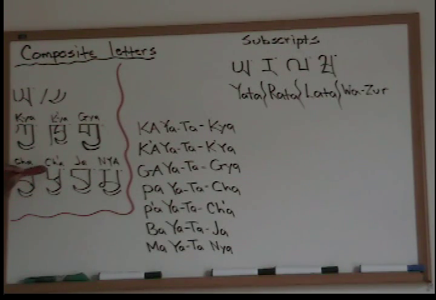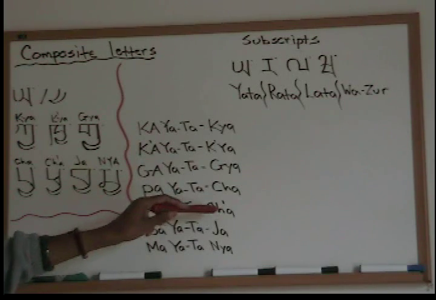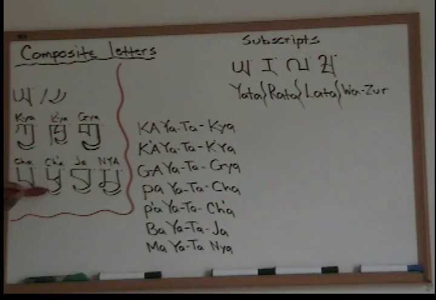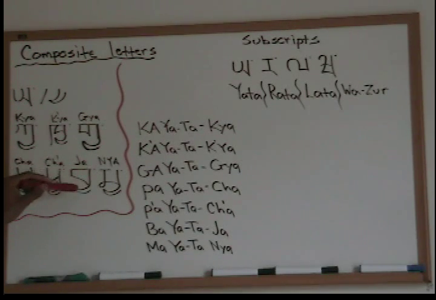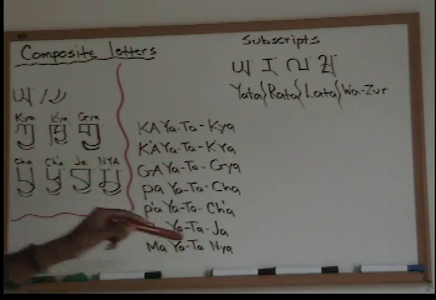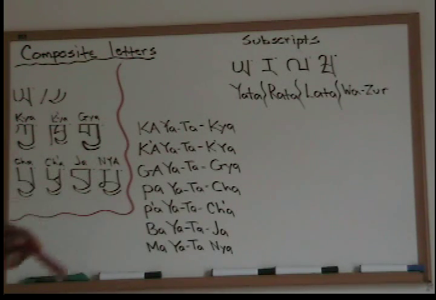Next one, ba, yata, ja. This composite is ja. And then ma, yata, nia.